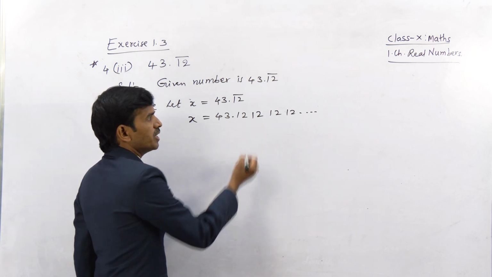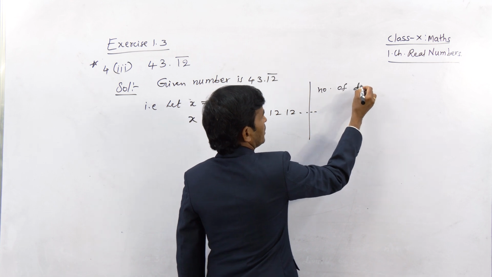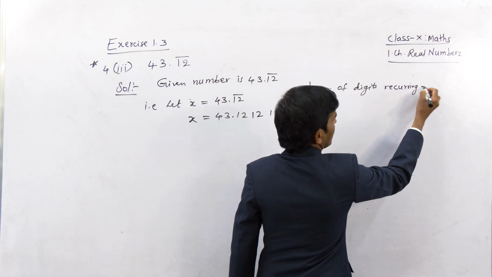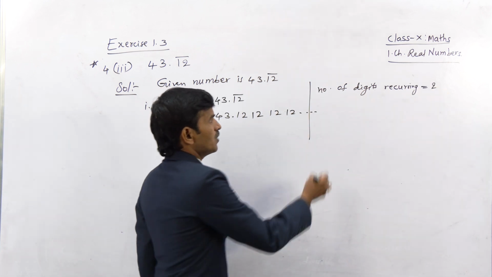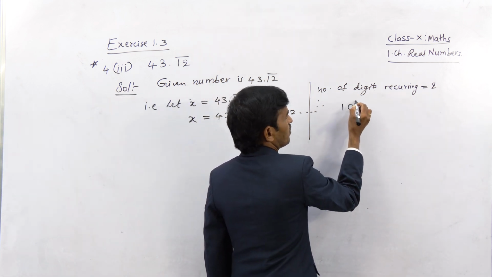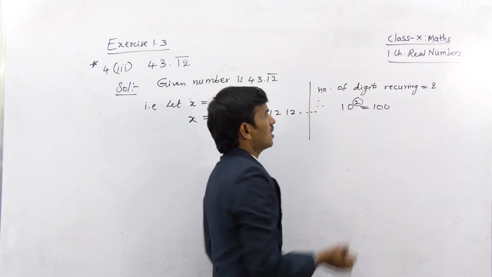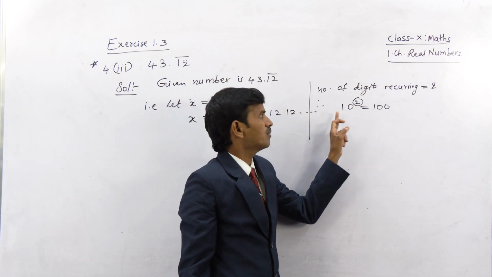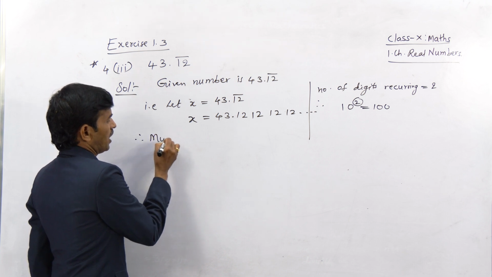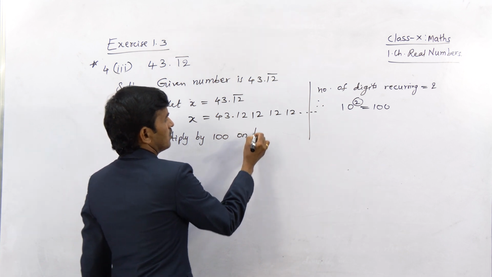Now how many digits are repeating here? The number of digits recurring is 2. Therefore, you should multiply both sides by 10 power 2, that is 100. With that power we should consider multiples of 10. So multiply by 100 on both sides.